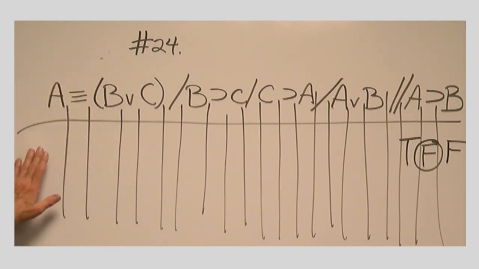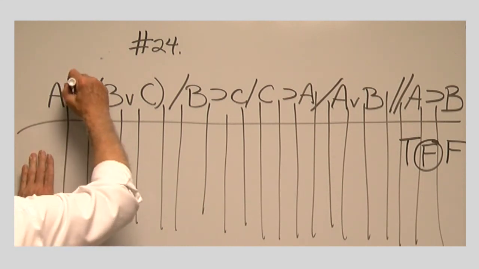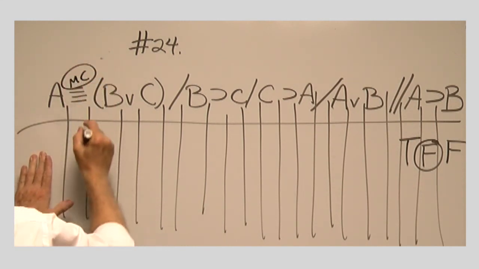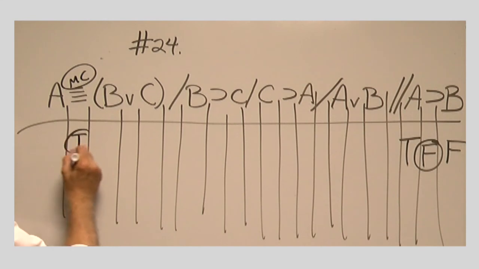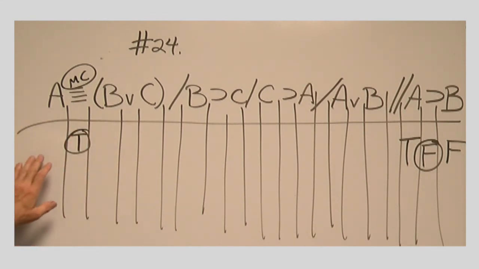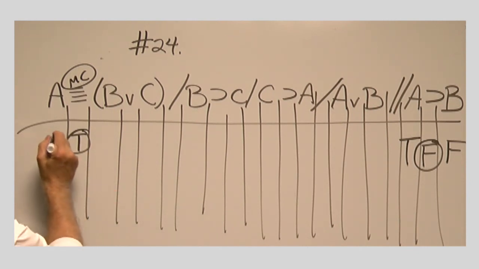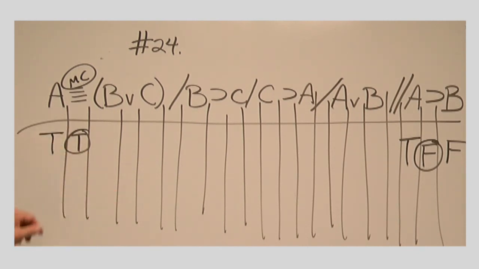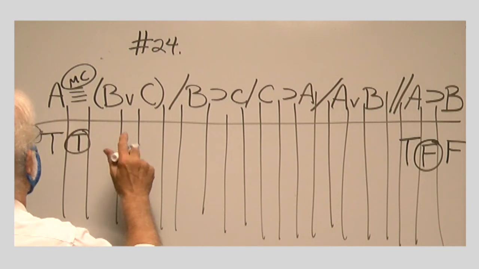Let's go to the first premise. The main connective is the triple bar, so we'll set it to be true. And we know from the conclusion that A is true. So if the triple bar is true and the left equivalent is true, that means the right equivalent as a whole must be true.